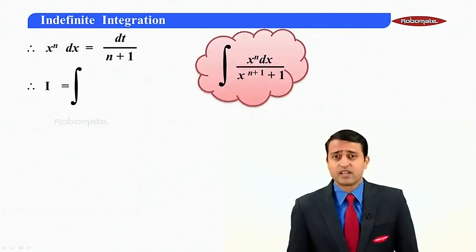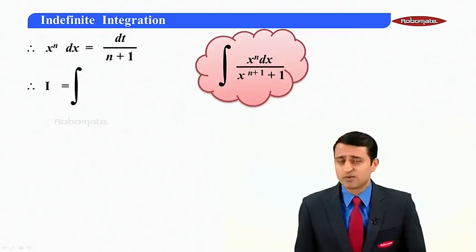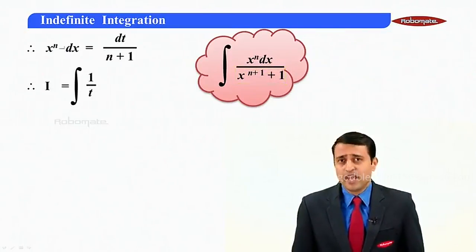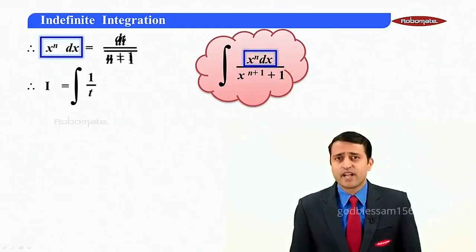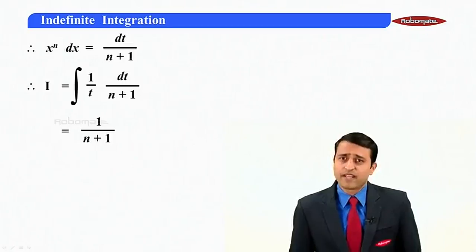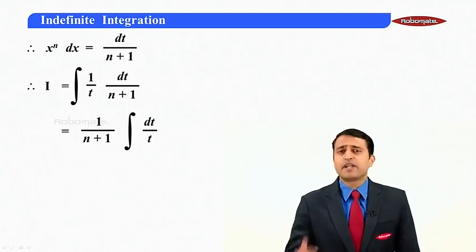Let us give these changes in the given integral. What was the given integral? It says x raised to n dx upon x raised to n plus 1 plus 1. Now students, can I say the denominator here is t? So can we write 1 by t? And in place of x raised to n dx, can we write dt upon n plus 1? Correct? n plus 1 is a constant, so you will find that outside the integral, and what is left inside the integral is 1 by t dt.